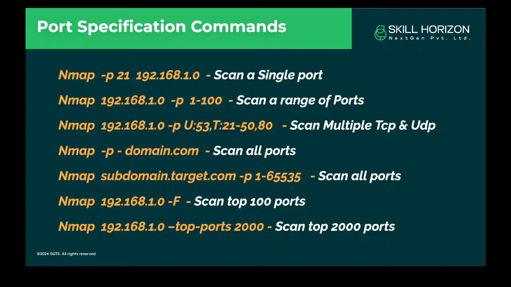You can define this in two ways. First, use hyphen. See the fourth command, nmap space -p hyphen, and then your target name. So all your ports will be scanned. Also you can define the range, from 1 to or 0 to 65,535. So all your ports will be scanned.